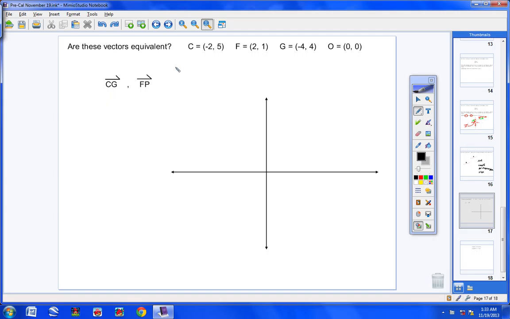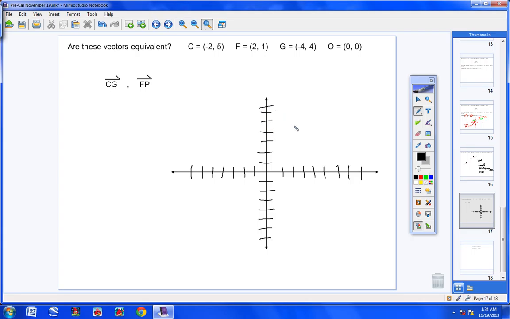Now, of course, C is this point and G is this point. Let me show you what that means. First of all, one of the first things you always want to do, in my opinion, students, when you're asked the question, are these two vectors equivalent? One of the things you'll want to do is to very quickly, and I do mean very quickly, just get a picture of what they look like.